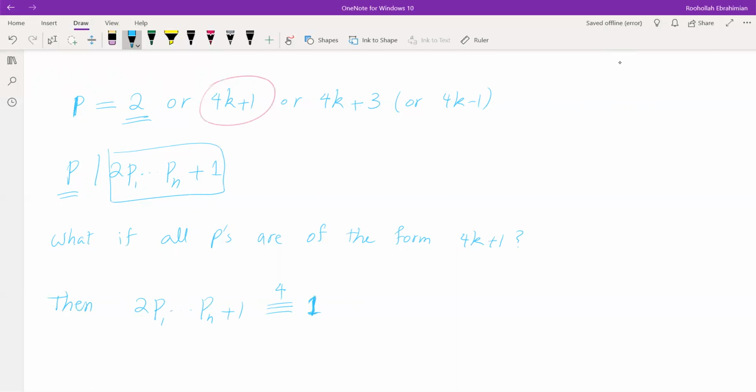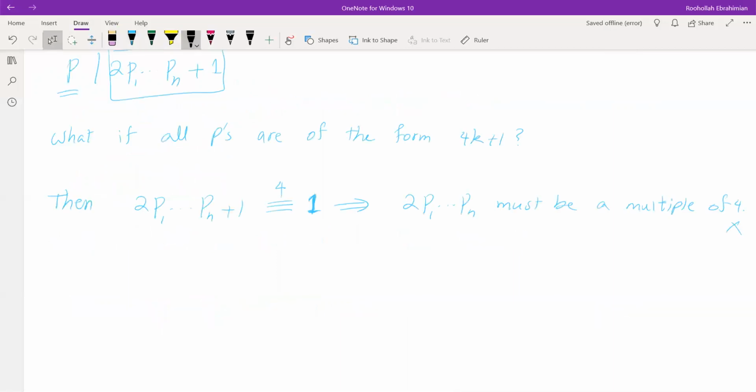Well, that is actually not possible, because that means 2 times P1 through Pn must be a multiple of 4, but that's not correct.